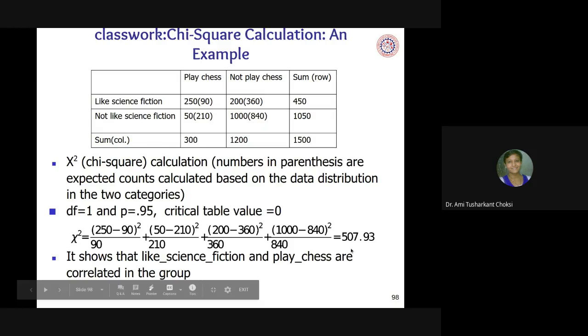If this chi square value is greater than whatever is there in the table, then we'll reject the null hypothesis. That means like science fiction and play chess are correlated, they are not independent. Fine.